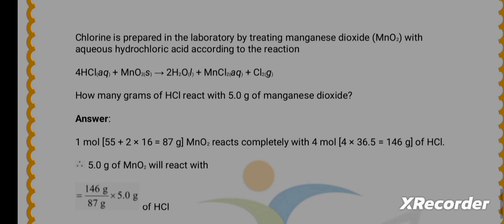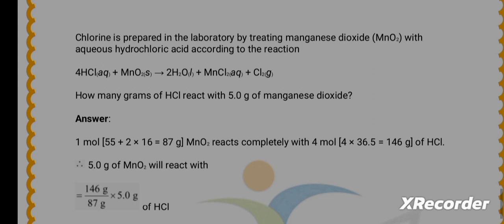Now your mass of manganese dioxide is 5 gram. So firstly we will see this equation by calculating the molar mass of manganese dioxide and HCl. Now we know that manganese dioxide mass is 87 gram. So 87 gram of manganese dioxide reacts with 4 into 36.5, which comes out to be 146 gram of HCl.